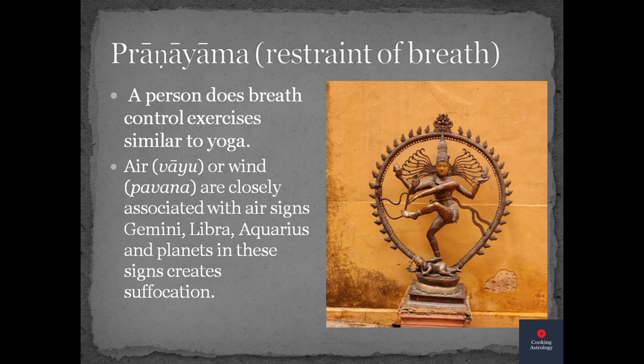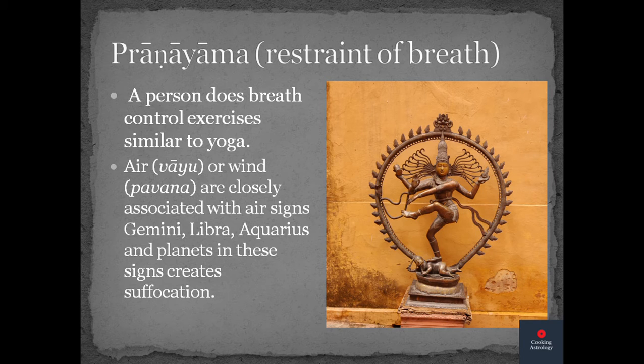He is the god of destruction, destroying all the impurities, all the sins which you have committed, impurities of your mind, impurities of your thoughts. That is a cosmic dance of energy. And that dance of energy is associated with Vayu, that is wind or Pavna.